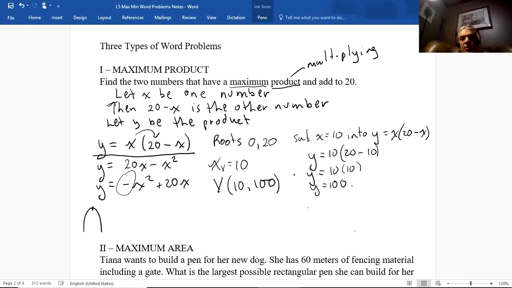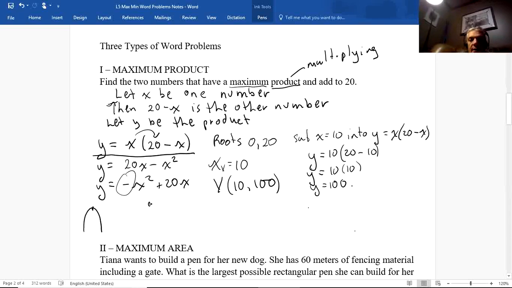Once I have the vertex of my equation, I'm now able to answer the question. It says find the two numbers that have a maximum product and add to 20. So what are the two numbers? Well, they are going to be 10 and 10. Go back to your original question. And the maximum product will be 100. So I can make a concluding statement.